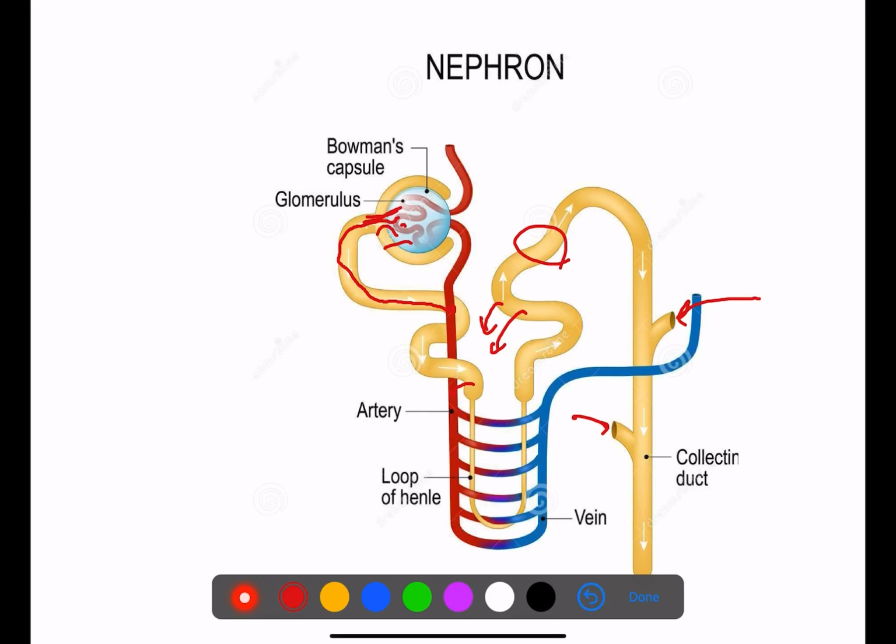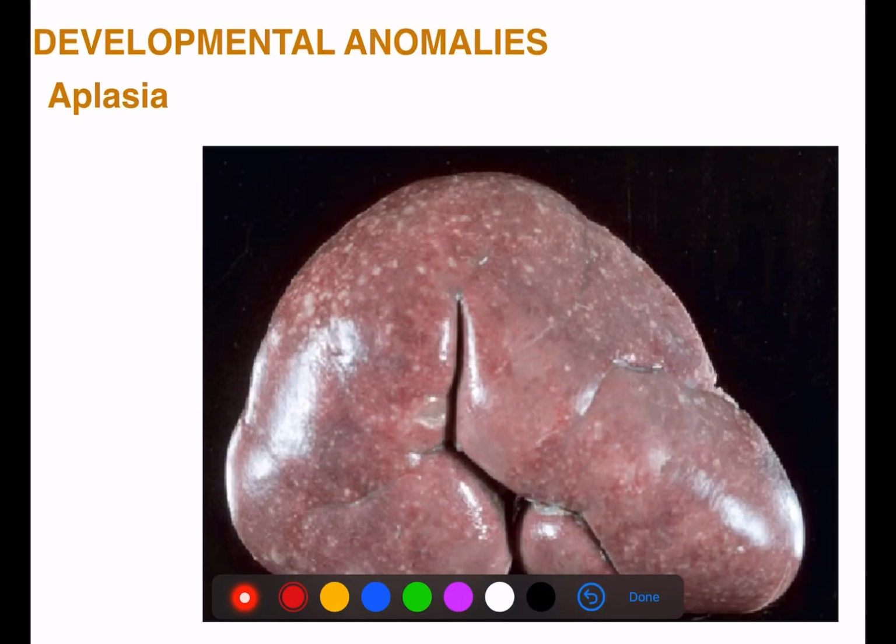Let's now move to pathological changes or pathological diseases. As we learned before, we firstly talk about developmental anomalies. Developmental anomalies of the kidney vary from species to species, but mainly occur under the topic of aplasia.